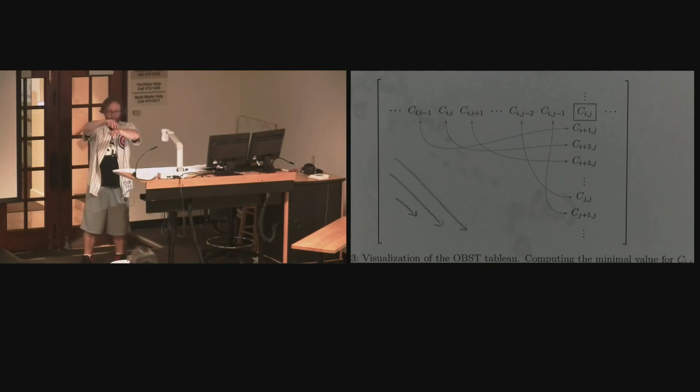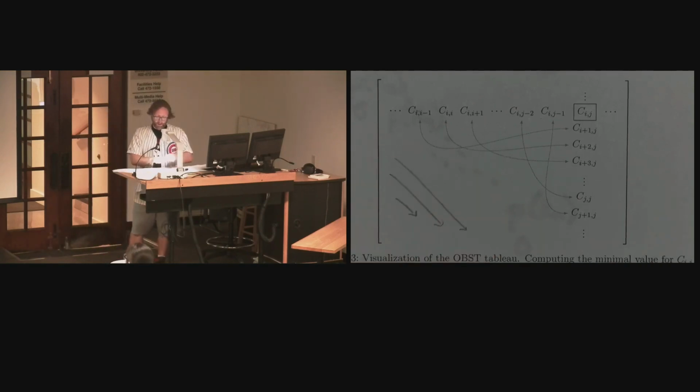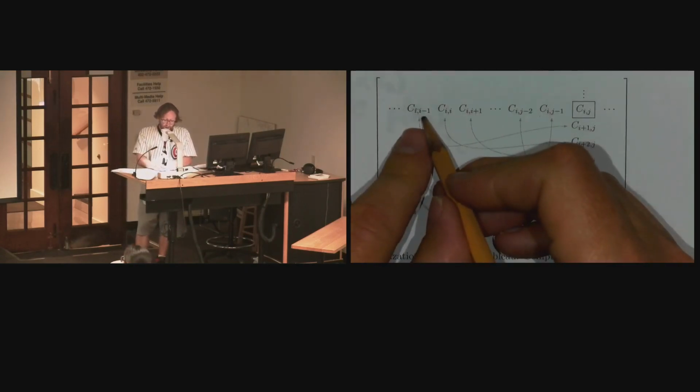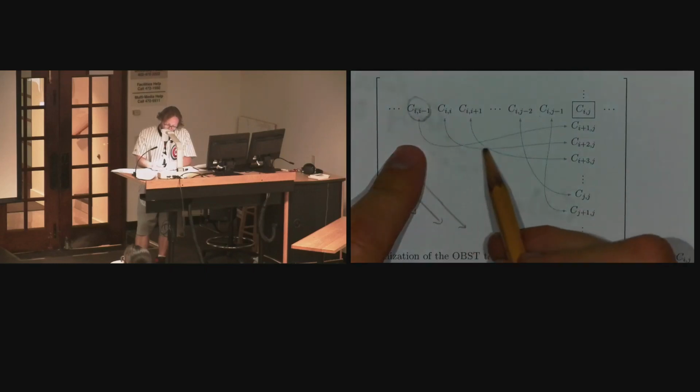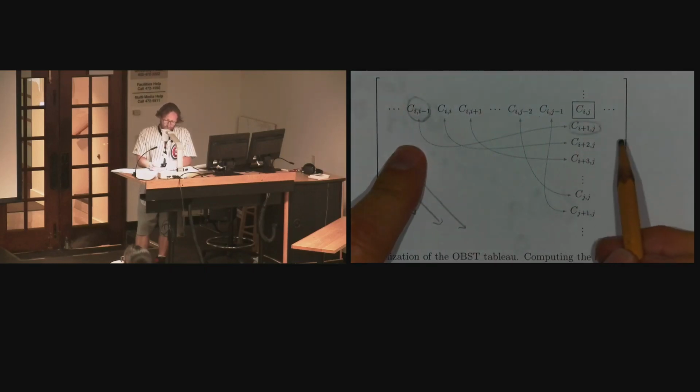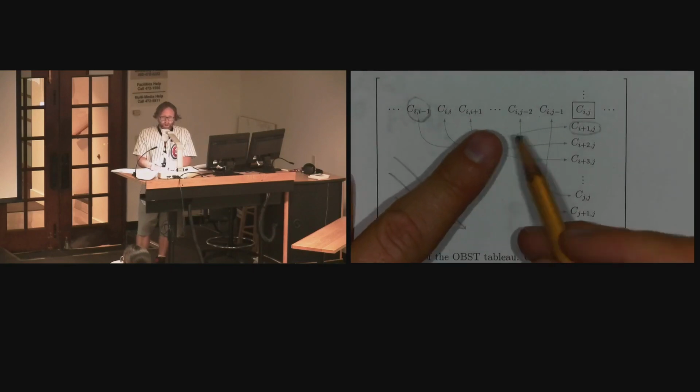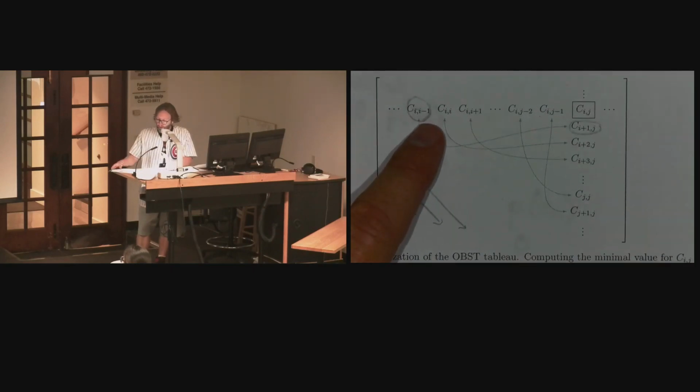Or I could promote this one up, 2 keys over here, 1 key over here. Or this one, and then 3 keys over here, and no keys over here. Right? Each one of those splits corresponds to 2 values. Split that corresponds to this value, and then over here it corresponds to this value. Right? Those 2 things together, and then sum up that probability.